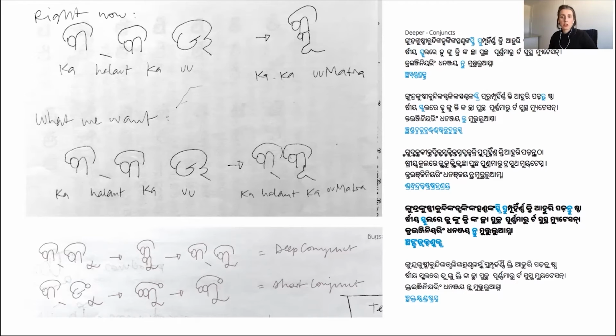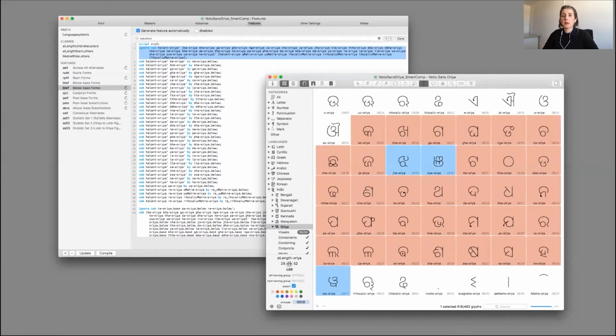So the deep conjuncts are going to be decomposed as soon as a below mark is going to sit under. So here, that's what the feature is saying, that basically every time a below mark is following a conjunct, then it has to be decomposed.